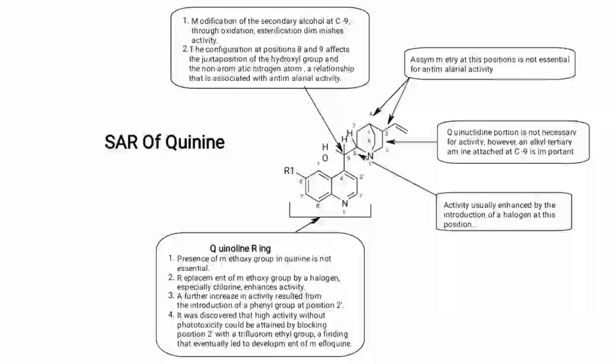Then carbon position number 6 and R1 is a position where a lot of groups can be added to get the respective activity.